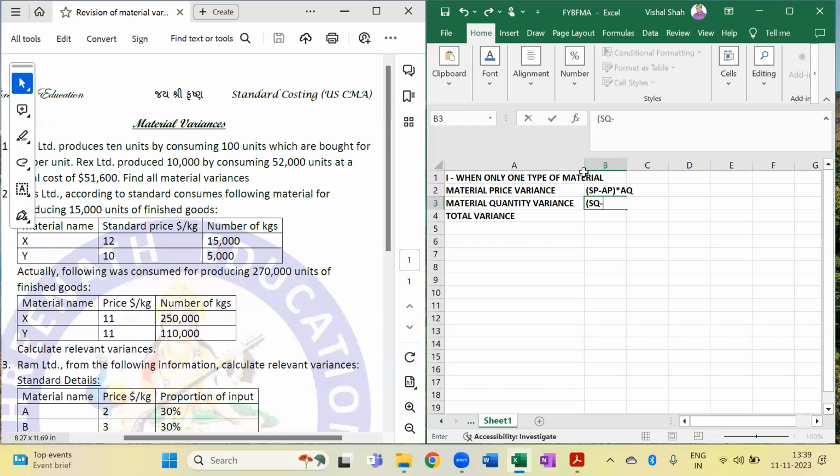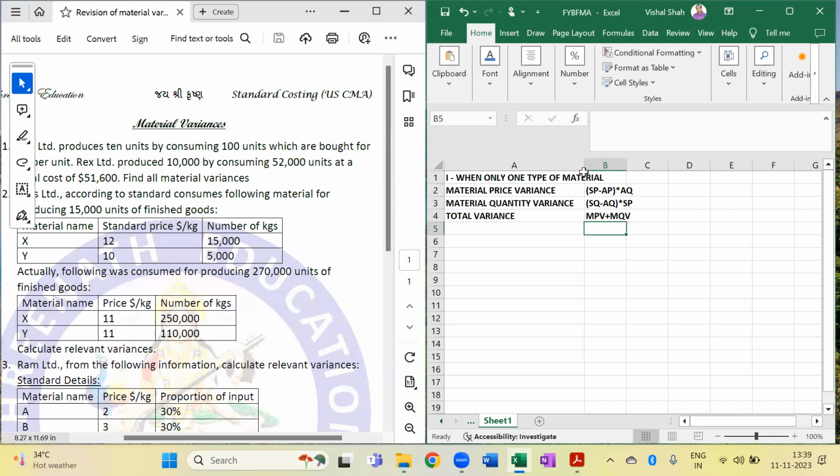(SQ minus AQ), the whole into standard SP, the standard price. What is the total variance formula? Material price variance plus material quantity variance. Correct.